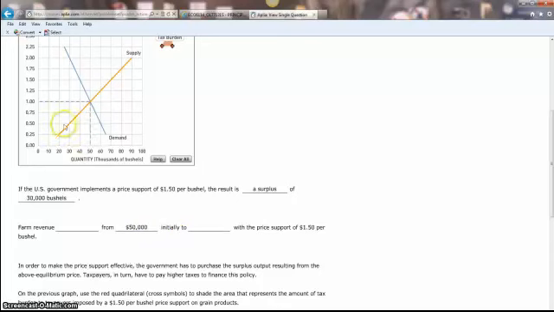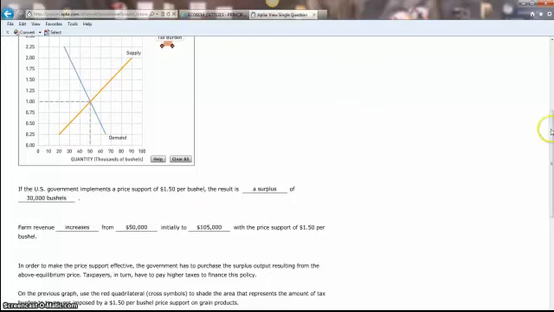Now when the price goes up to $1.50, suppliers are willing and able to supply 70,000 bushels of this grain. So $1.50 times 70,000 gives us revenue of $105,000. So farm revenue increases from the initial $50,000 to $105,000.